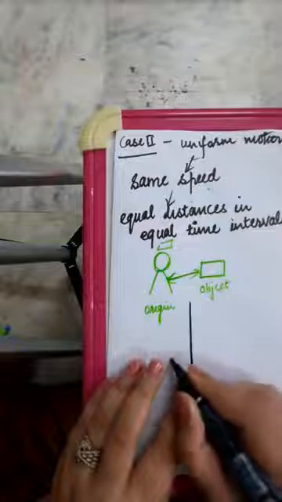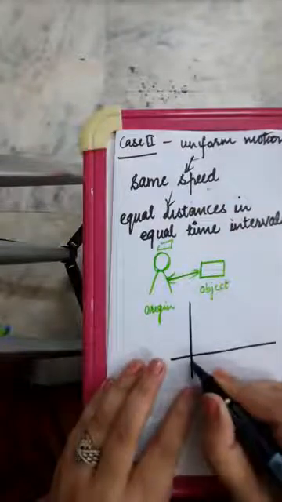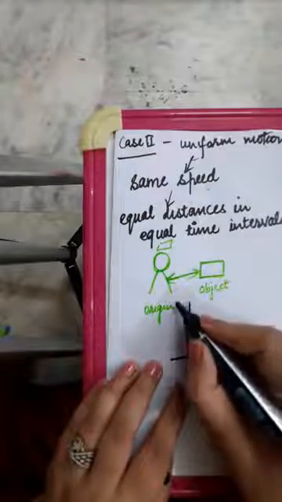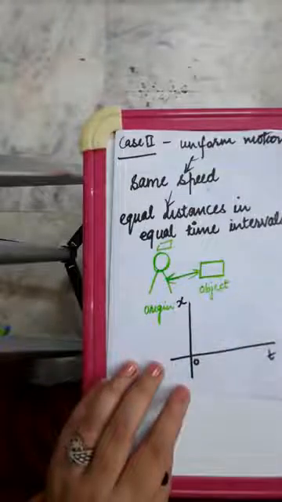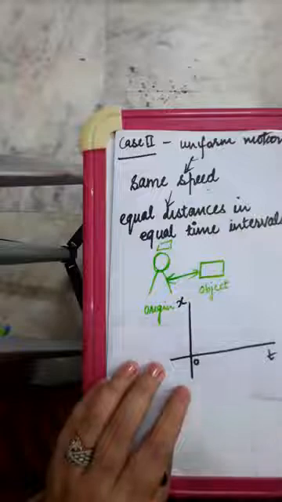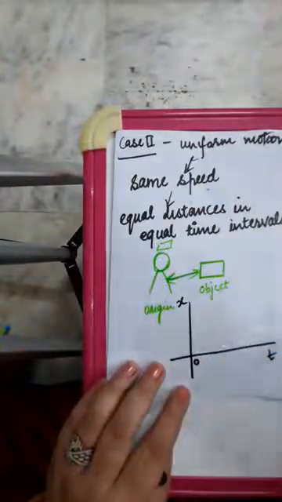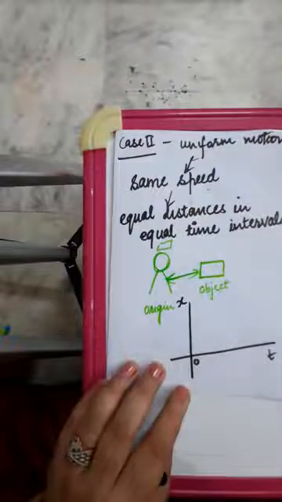So I am going to discuss all of them one by one. This is the origin, this is the time axis, this is the position axis. Now suppose what happens: as soon as you see the object, it starts moving. It is moving equal distances in equal time intervals.